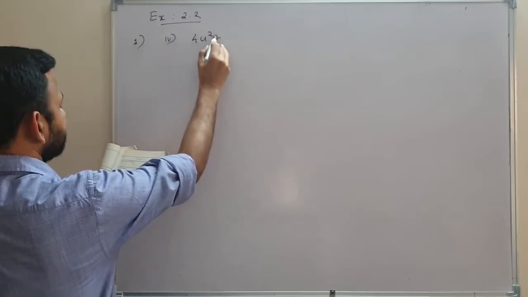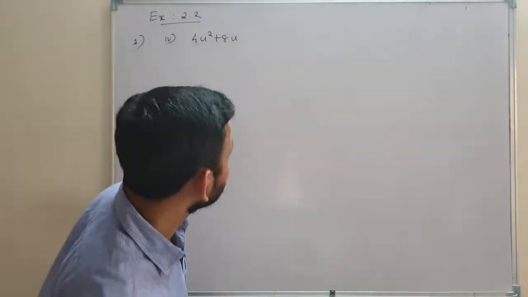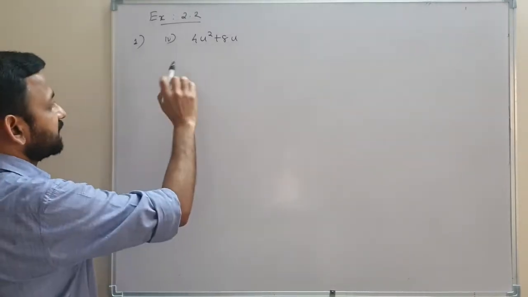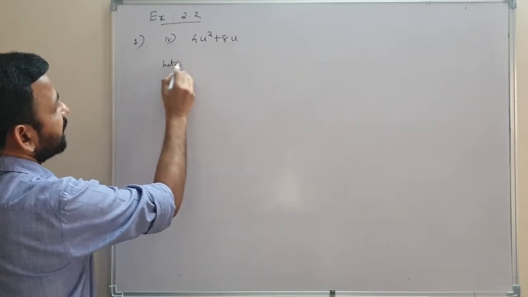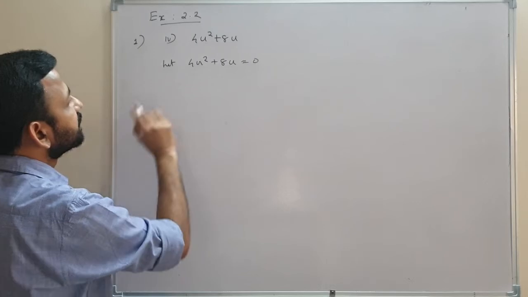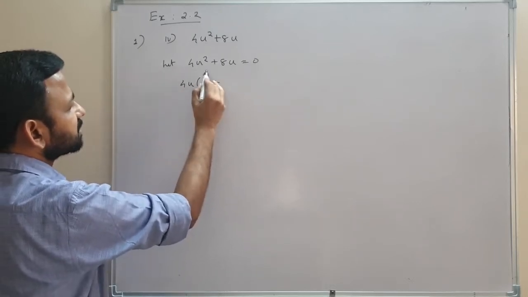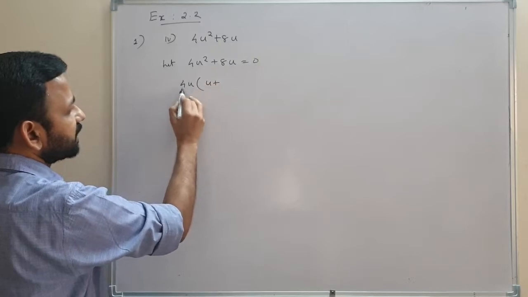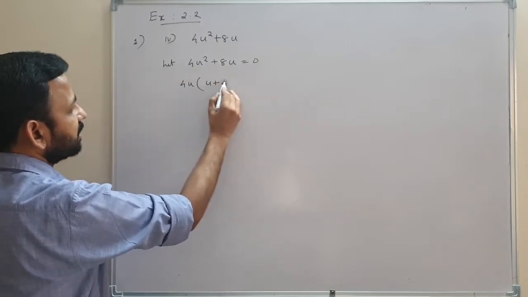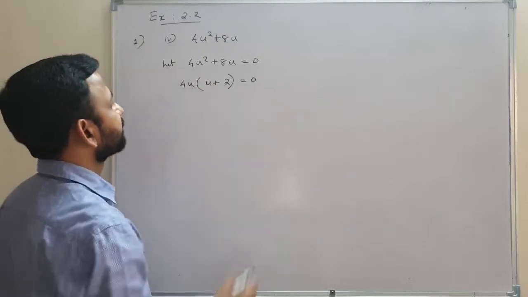4u square plus 8u. And here factorization is very simple. Let 4u square plus 8u equal to 0. We can take 4u outside. Then u plus 2, we have taken 4u, that is 4u into u, 4u square, plus 4u into 2, that is 8u, equal to 0.